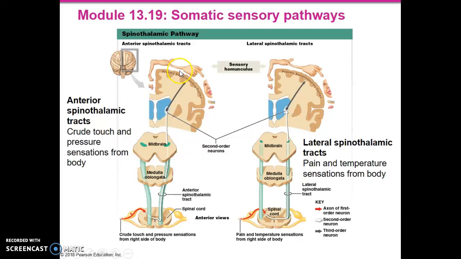And you can see here how large the hand is, say, compared to the foot. That represents the fact that we receive much more sensory information from our hands than our feet. You can see how large the lips are. More sensory information is received from the lips than the chin, for example.